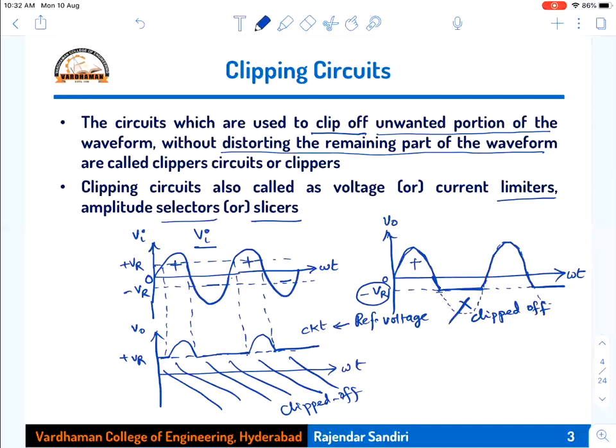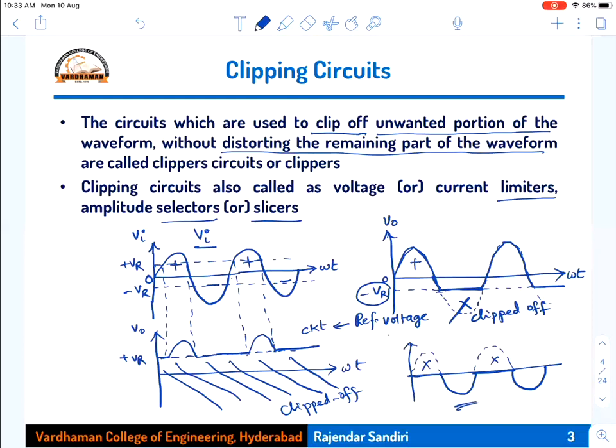So all these are negative clippers, where the negative side is clipped off. We can even draw positive clippers. In positive clippers, the positive portion is clipped off and the negative is allowed to pass, like a reverse of a rectifier. These are called positive clippers.